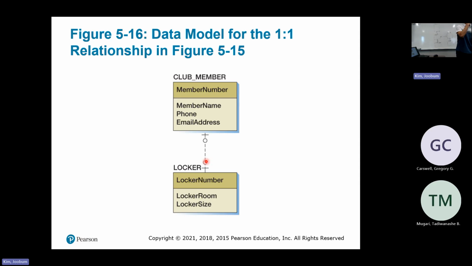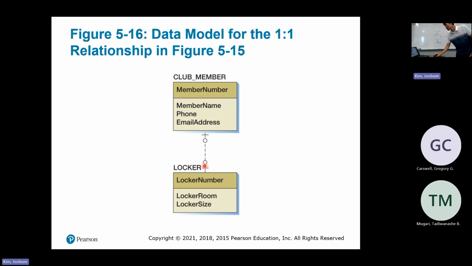Why optional? It depends on the business environment. But try to think why those are optional, 0 and 0. In some cases, some of the club members don't need a locker.